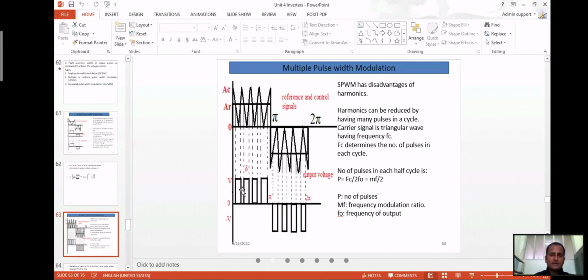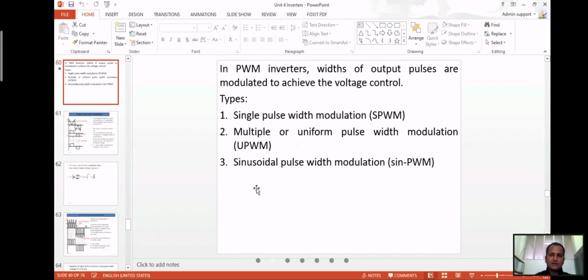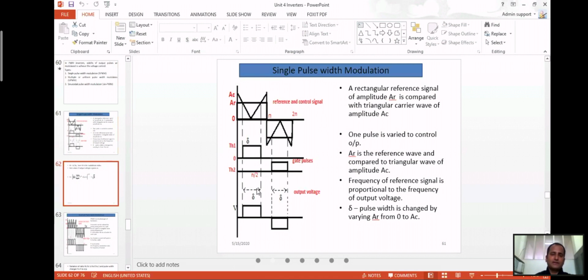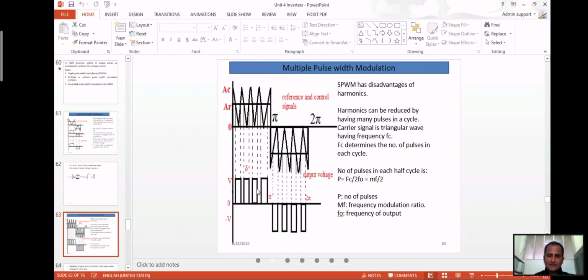Maybe while drawing there are some changes in the width, but it has to be equal. The multi-pulse width modulation is also known as uniform pulse width modulation; the pulse width should be uniform in this case.